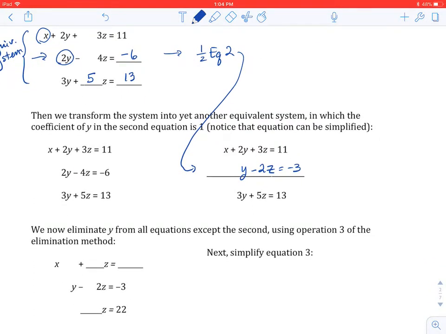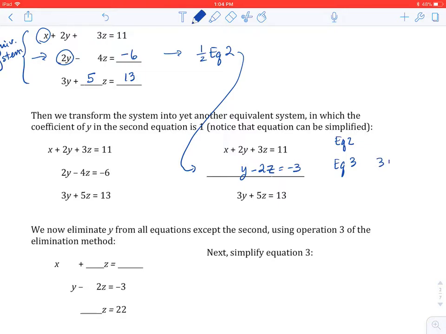Now once we've done that, take a look at equation 2 and equation 3. We should be able to do some algebra and eliminate the y from equation 2 and equation 3.